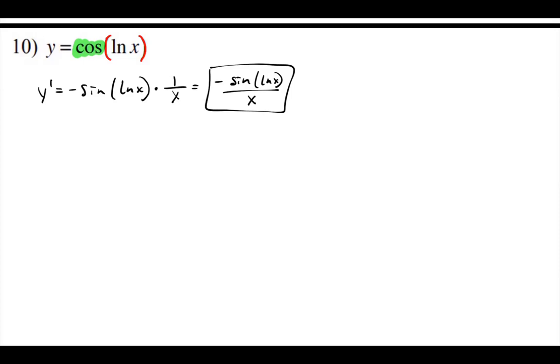Now, if I have something like natural log of the square root of x squared plus 8, that's a chain rule problem because on the inside I have a power, right? So it's kind of getting used to that, the line with, is it a chain rule problem or not? This guy is a chain rule problem, 100%, because cosine is its own thing, and then natural log of x is its own thing.